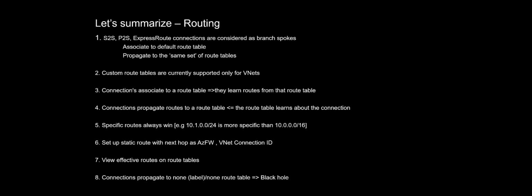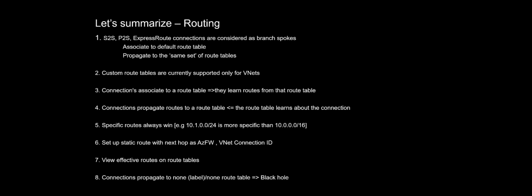They cannot have custom route tables. They cannot have a site-to-site VPN propagating into one route table and the point-to-site and ExpressRoute propagating into different ones. It's just not going to happen. Custom route tables are only supported for virtual networks. Again, that may change in the future, but as a current limitation, they're only associated to virtual networks today.